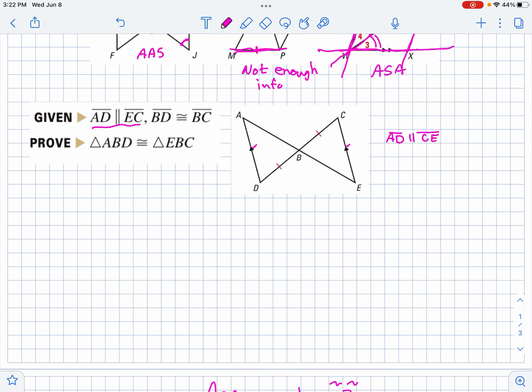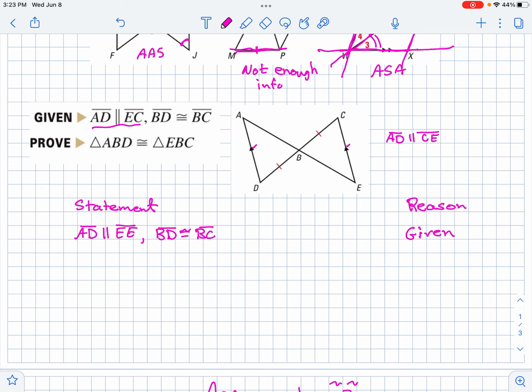So what we want to do is prove that these two triangles are congruent. Let's set up a proof here. I've got a statement and a reason over here. I'm just going to state the given: AD is parallel to EC, and BD is congruent to BC. And the reason is it's given.